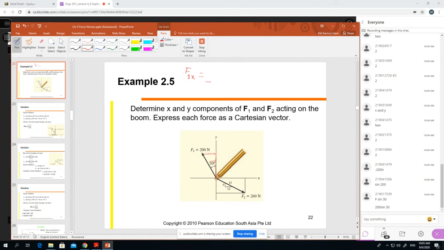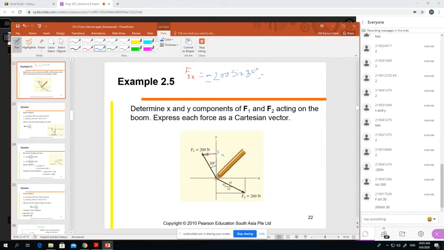So we are looking in this direction. F1x is working in this direction, so first it will be minus, then the F1 value is 200 and it is sine 30 degrees. Why? Because it is not aligned with the reference line.